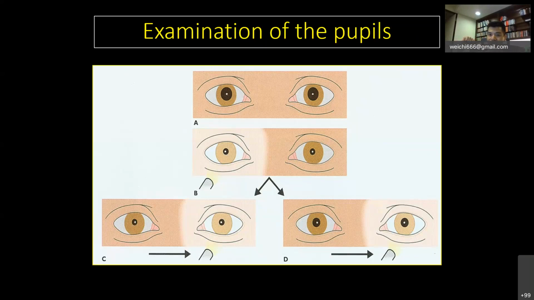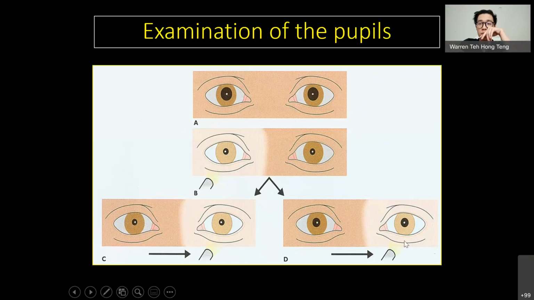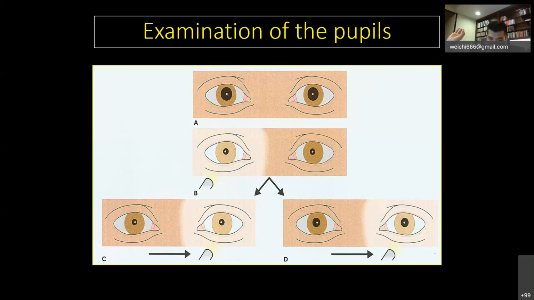Of the same eye? When you move your light pen from here to here, initially you see the pupil was dilated again. Then when the light aims at the pupil again, would you see the pupil constricted or dilated again? Constricted. Yes, it would constrict.